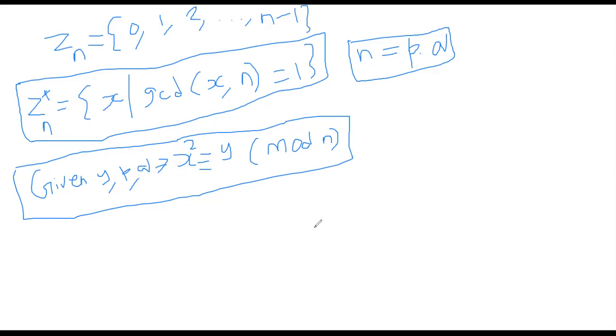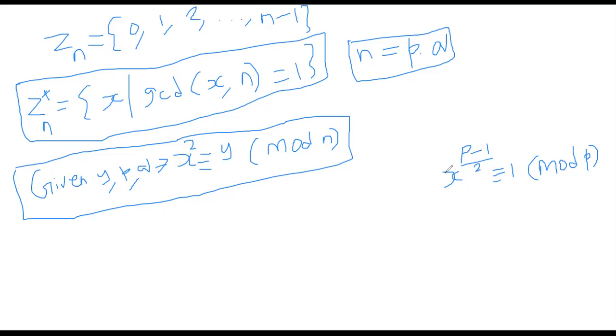The technique I'm going to use is based on Euler's theorem. We learned in the previous segment that a number y is a quadratic residue if and only if y power p minus 1 by 2 is congruent to 1 mod p, meaning you could write y as a power of 2.